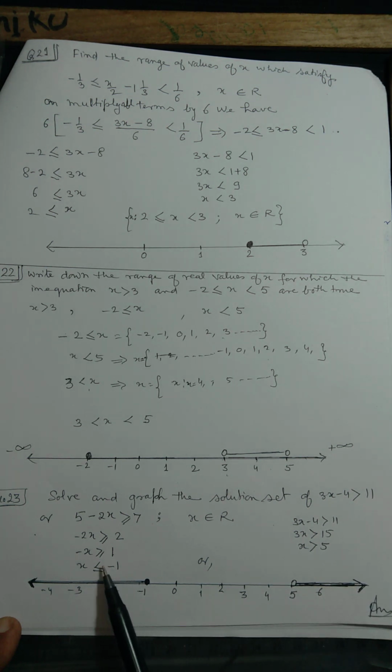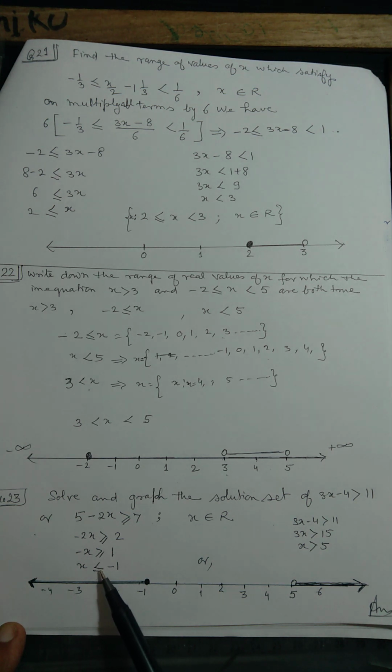In this case, x is less than or equal to minus 1 means we have to proceed left hand side from minus 1, and minus 1 is included because it is a slack inequation. I have given in the introductory part that there are two types of inequation, strict inequation and slack inequation.